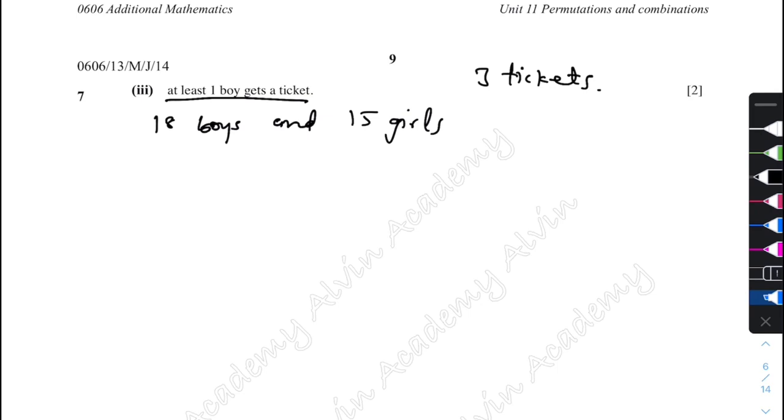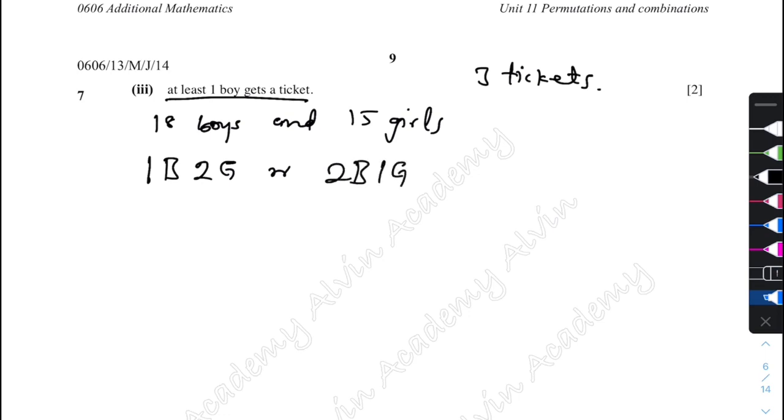So that means either 1 boy gets a ticket and 2 girls get tickets, or 2 boys get tickets and 1 girl gets a ticket, or 3 boys get tickets and no girl gets a ticket.